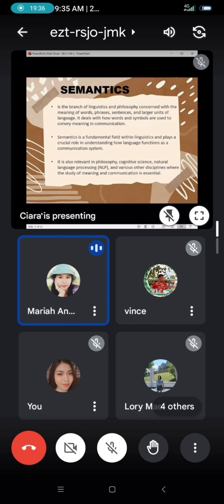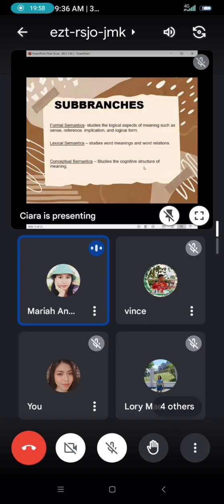Semantics is a fundamental field within linguistics and plays a crucial role in understanding how language functions as a communication system. It is also relevant in philosophy, cognitive science, natural language processing or NLP, and various other disciplines where the study of meaning and communication is essential.